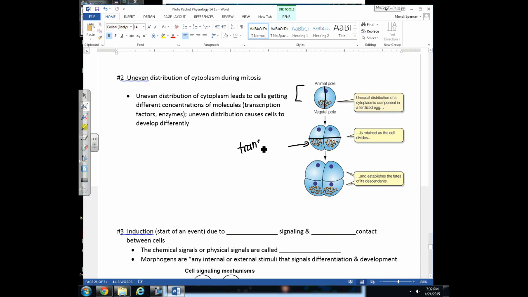There are different transcription factors, different proteins and enzymes that get distributed into these cells, and it's going to affect the genes of those cells. Different genes in that nucleus are going to be turned on compared to that nucleus. Those same genes are going to be turned off, and it's simply due to the chemicals that were distributed into the cytoplasm.